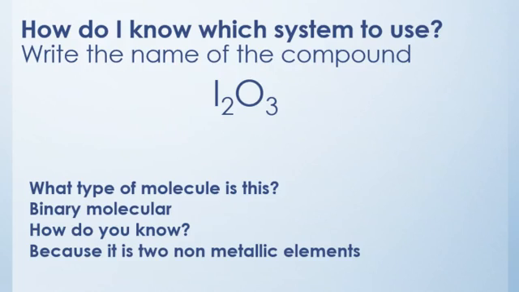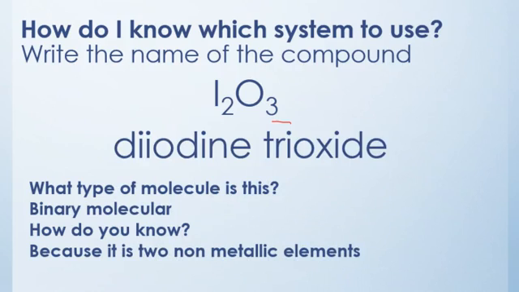When they're both nonmetal elements, you're going to use the prefix naming system. So what is the name for this first element and what's the prefix? It's di and iodine. What is the name for this part of the compound? It's tri, and then you have to change the ending of oxygen to oxide. So it's diiodine trioxide.